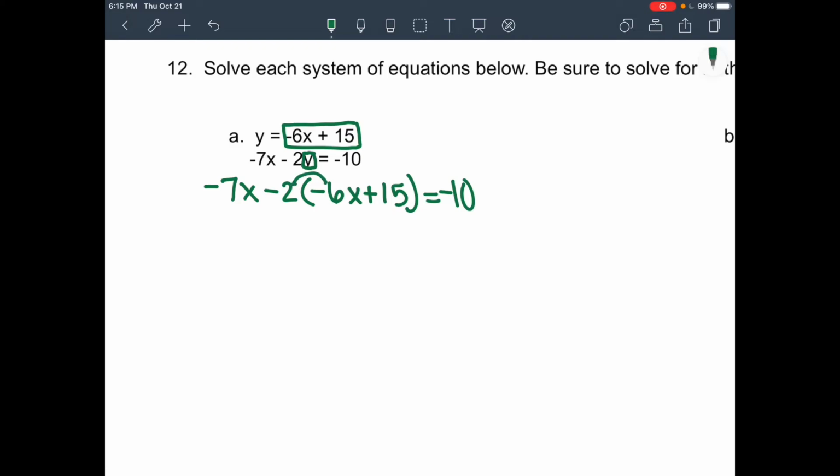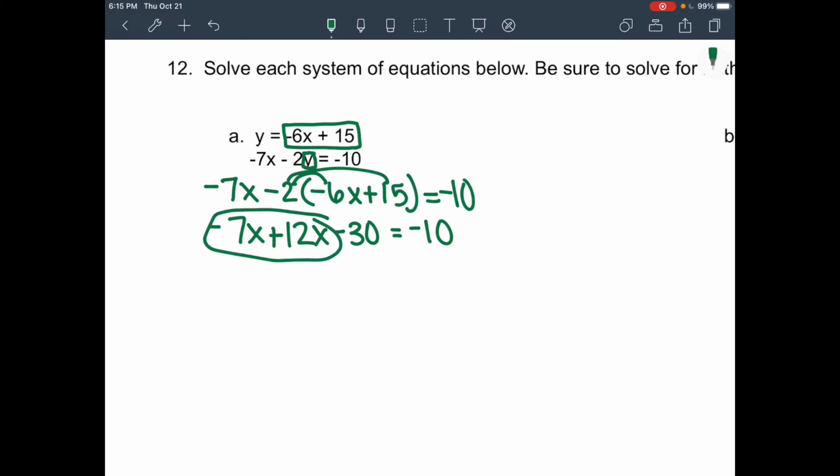So I'm going to distribute this negative 2 first. So negative 7x, negative 2 times negative 6x is positive 12x. Negative 2 times 15 is negative 30, and then equals negative 10. So now I'm going to put together like terms.